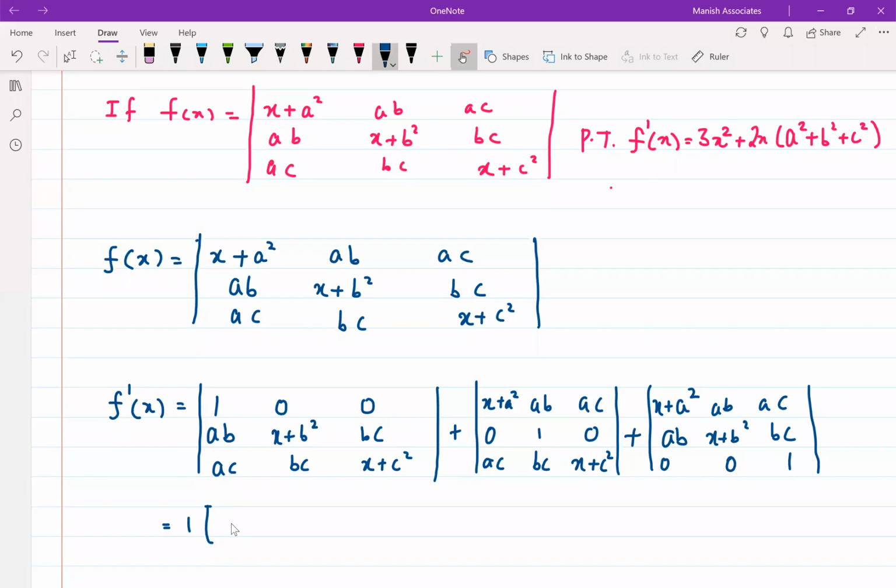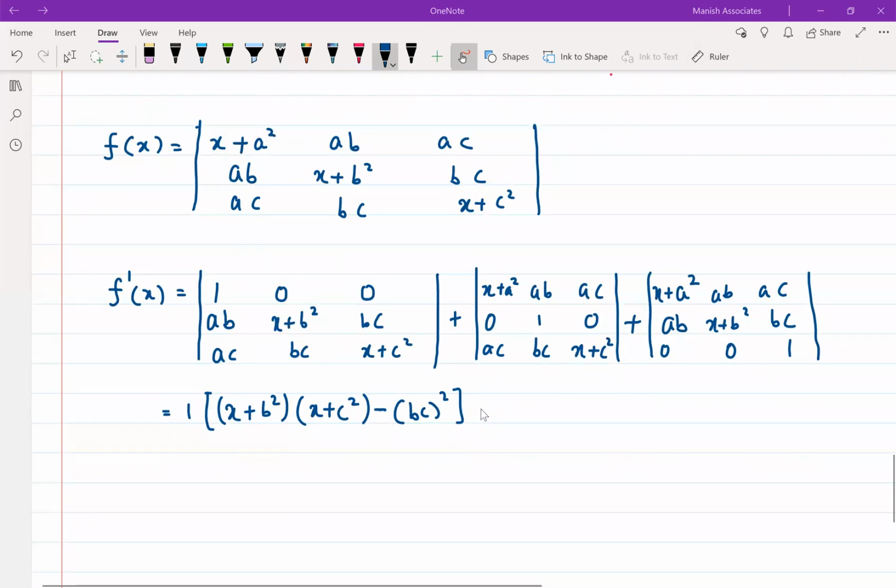1 into x plus b square, plus आप again वही method करोगे. You'll have 1 and 2. Come on, start doing it, and you will realize you'll get the final answer. You just have to find the determinant values. That's it.